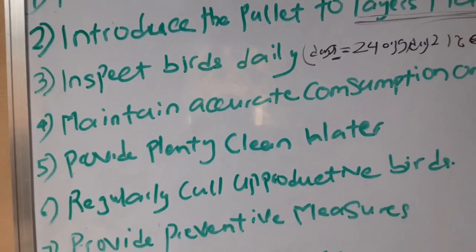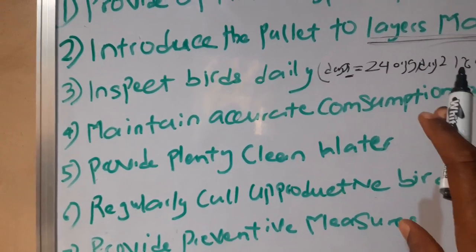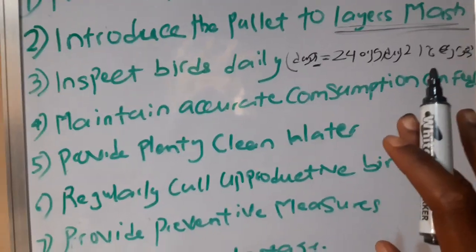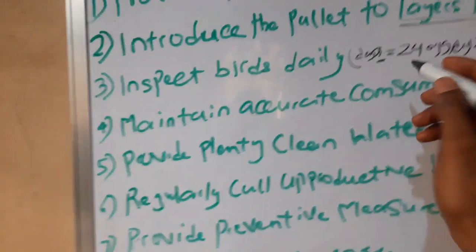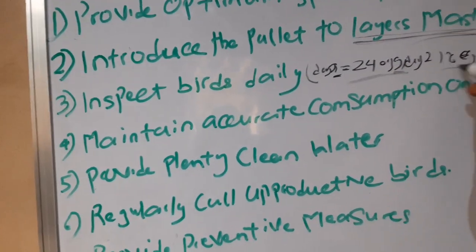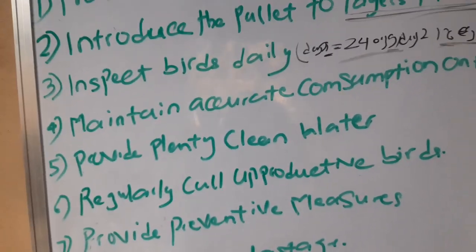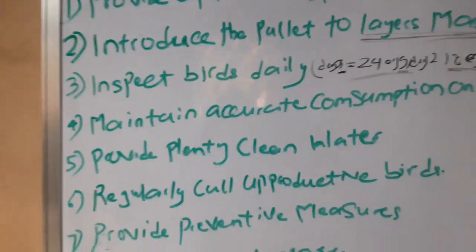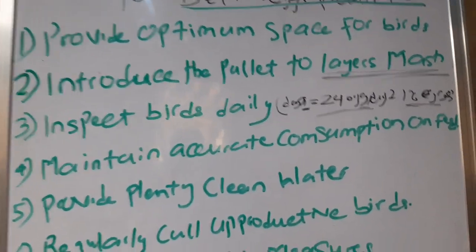That shows you have a shortage of 6 in day 2, because their normal drop is 24 eggs and they laid 18. So you have a shortage of 6 eggs. That is the reason why you need to inspect them daily.